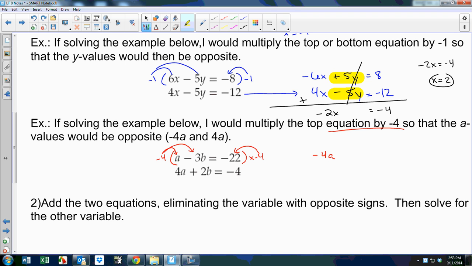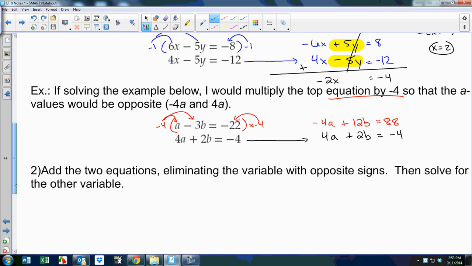So the result would be negative 4 times a, negative 4a, negative 4 times negative 3b, positive 12b, and negative 4 times negative 22, positive 88. No need to multiply the second equation by anything, so I'll just copy it over here. And we'd be ready to go.